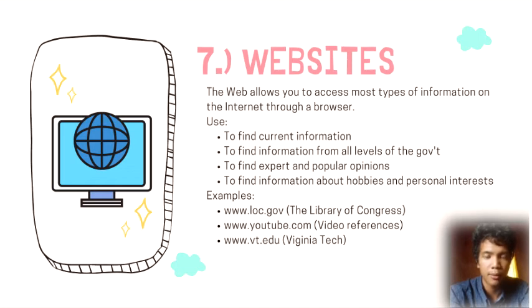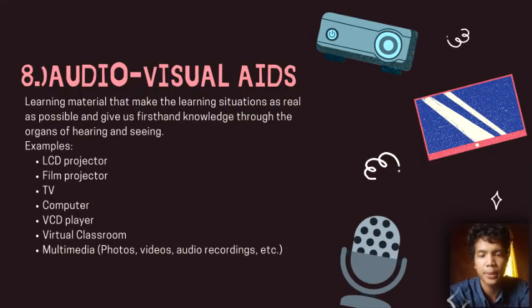There are a lot of websites. Next is, oh, this is the last but not the least material for teaching prose, the audiovisual aids. Audiovisual aids is a learning material that makes the learning situation as real as possible.